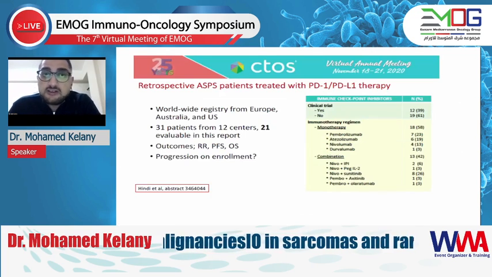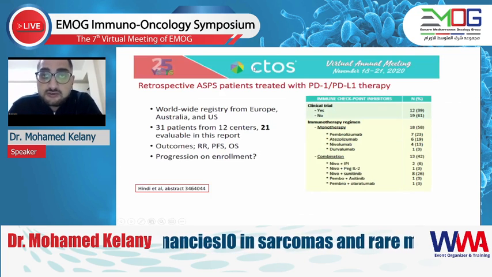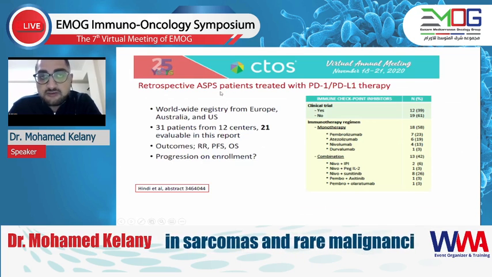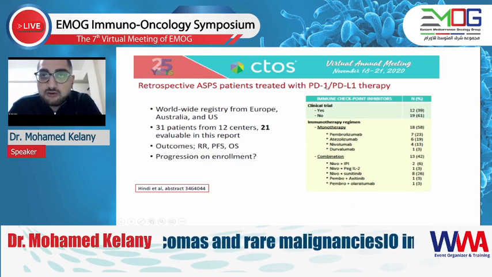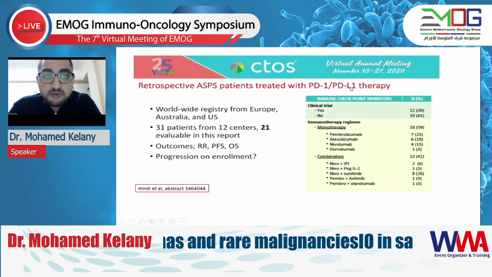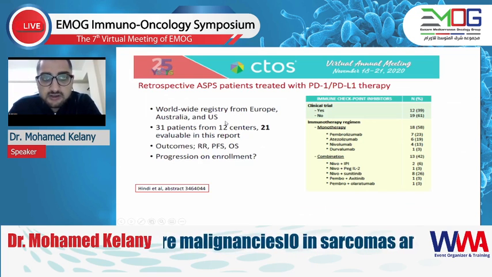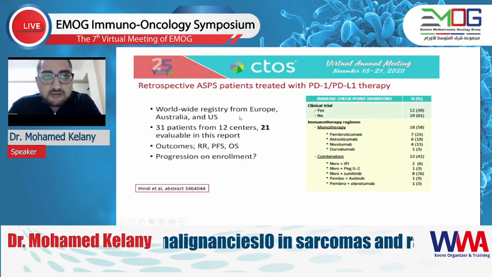From data published in the Connective Tissue Oncology Society Conference 2020, retrospective data were collected for all patients with alveolar soft part sarcoma treated with anti-PD-1 or PD-L1 therapy worldwide. The total number of patients was 31 from 12 centers.